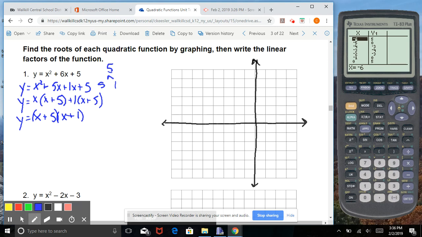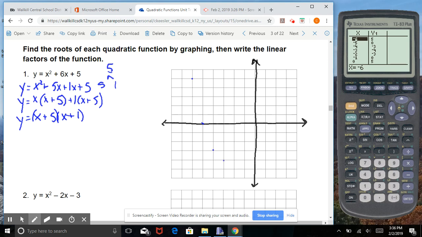So we have -6, 5, -5, 0, -4, oh, I graphed that first point wrong. Whoops. Try again. Okay, so -6, +5, -5, 0, -4, -3, -3, -4.